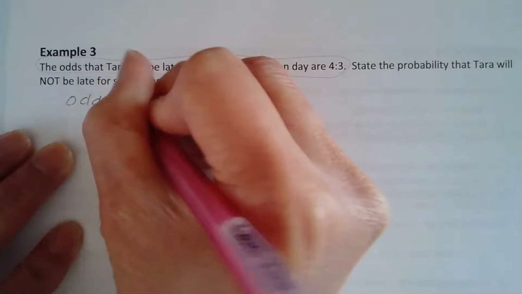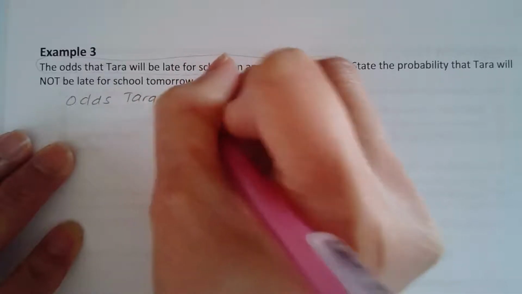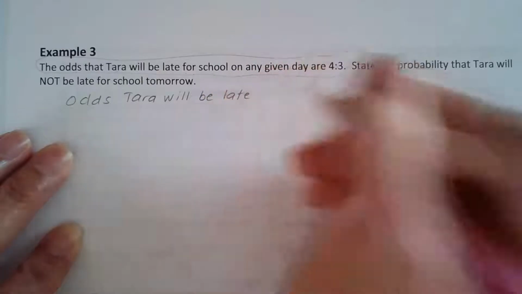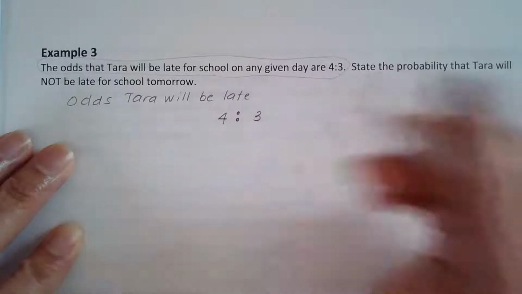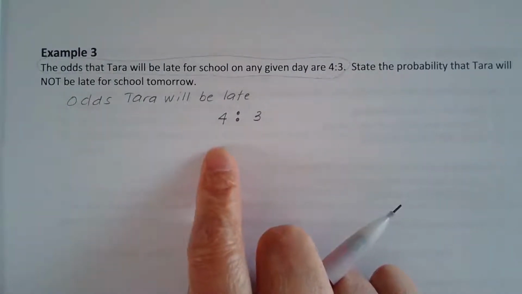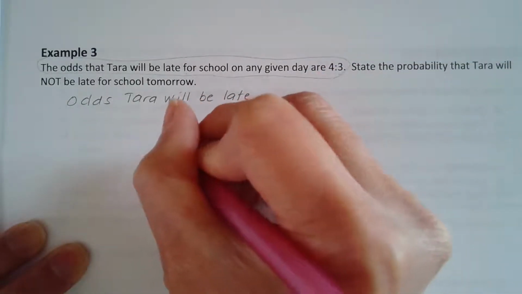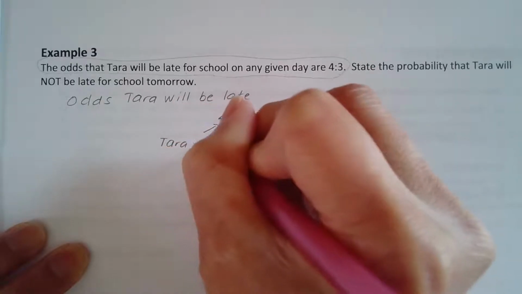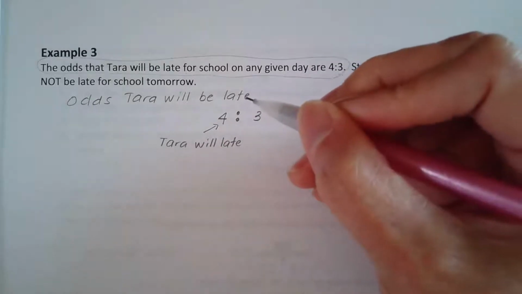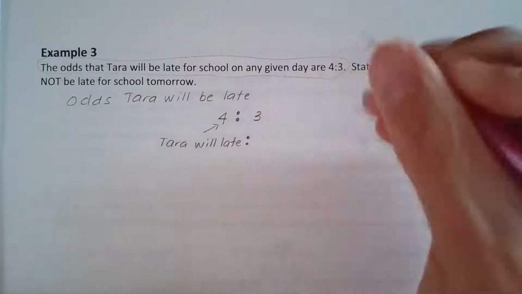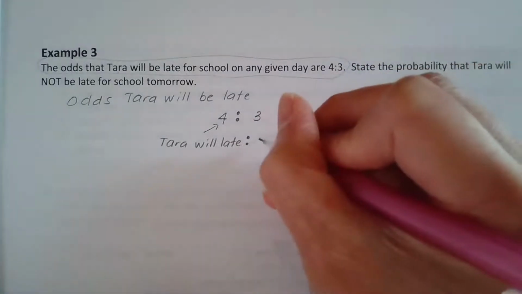Odds Tara will be late. They tell us it's 4 is to 3. Well, what does that mean? It means that the 4 means Tara will be late. And then what are we comparing it to? Comparing it to Tara will not be late.